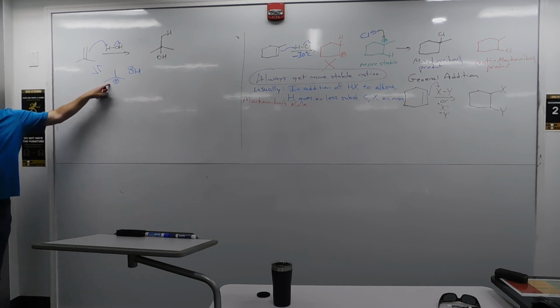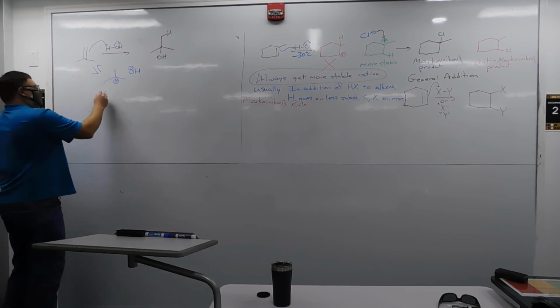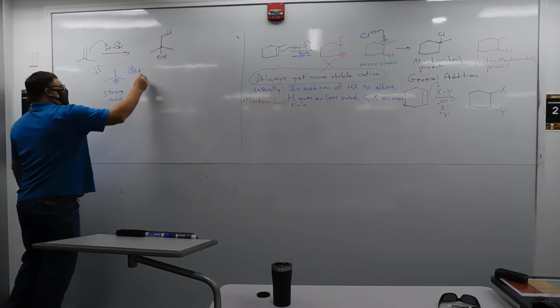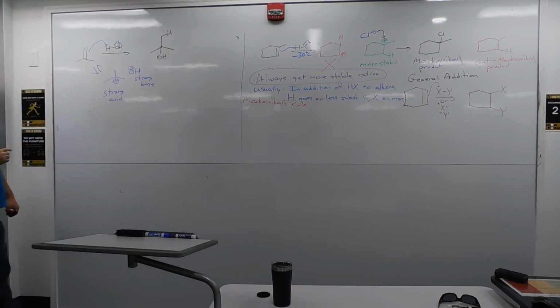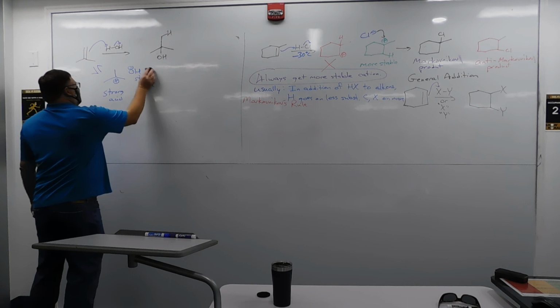The carbocation is a really strong Lewis acid, and the hydroxide is a really strong Lewis base. You're never going to see reactions like this where water, a weak acid, and the alkene, obviously a weak base, give you a strong acid and a strong base. Somewhere in the reagents there has to be a strong acid or a base. So none of this is going to happen this way.